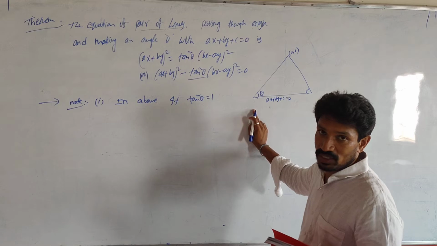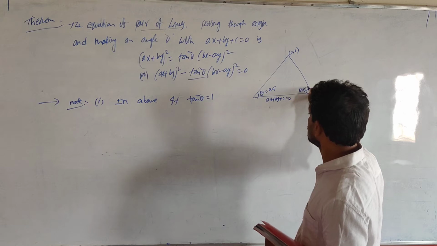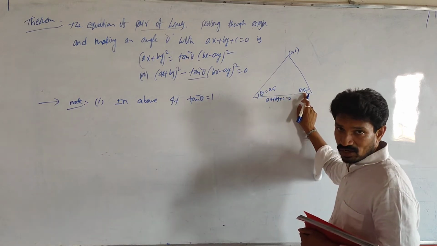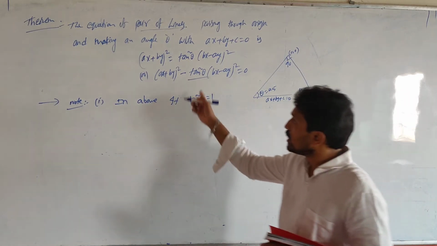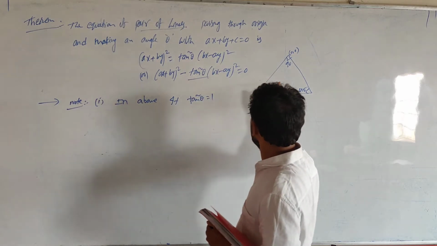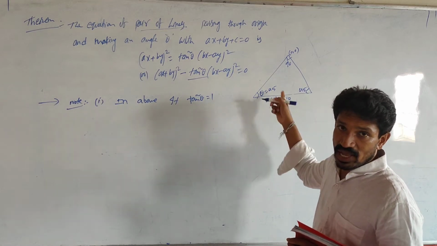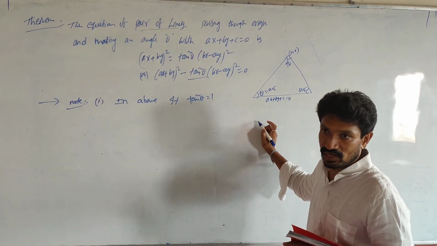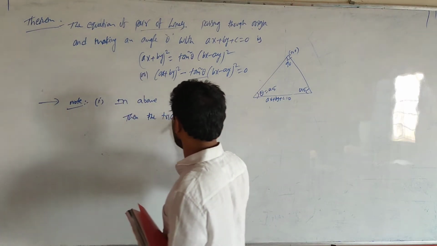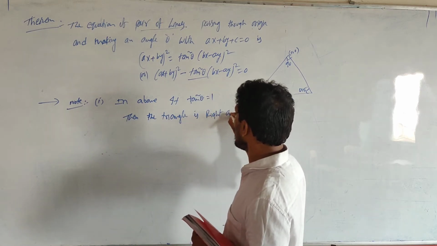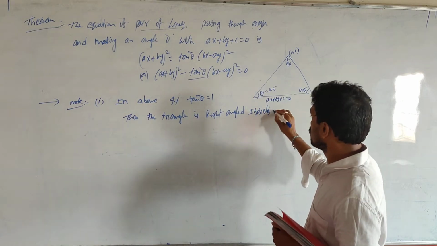So tan theta is equal to 1 means theta is 45 degrees. It is also 45 degrees. So two angles are 45 and 45, another angle will be 90. Very clear. So this triangle is a right angle isosceles triangle.